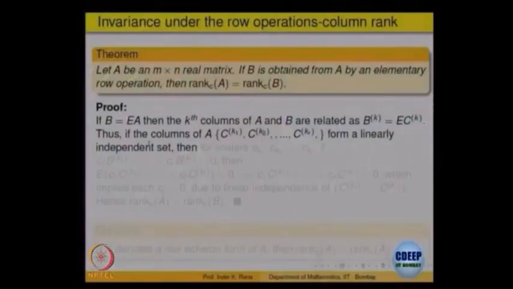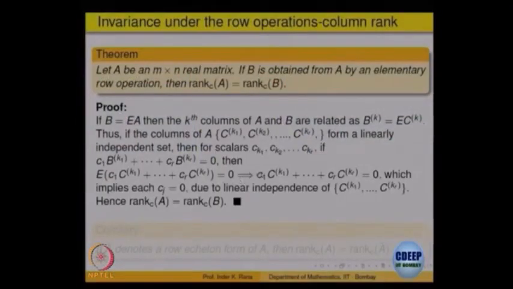So let us take a linear combination, C1 times Bk1 and so on up to Cr times Bkr. I am not taking all the columns, I am taking the k1th column, k2th column, and I have picked up some r columns, and I am taking a linear combination that is equal to 0 in B. So what are the Bk's? They are obtained from the corresponding columns of A by pre-multiplication by the elementary matrix.